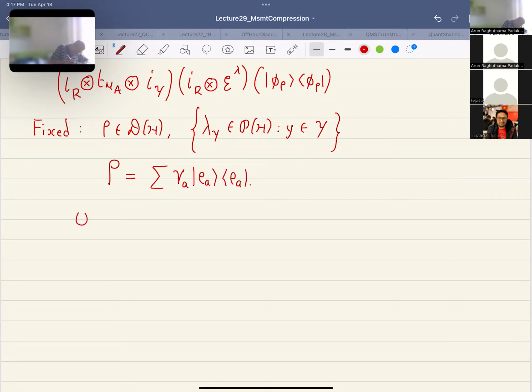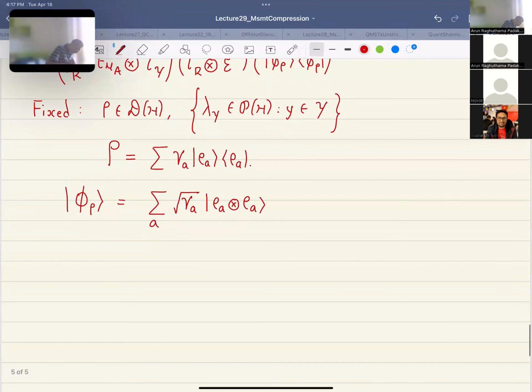Okay. So I will take my phi_rho. This is my purification. I'll take a very simple purification. So what are we doing? We are doing the following. I_R tensor E_lambda operated on phi_rho.